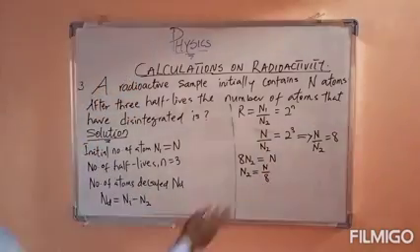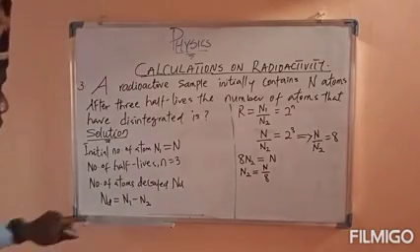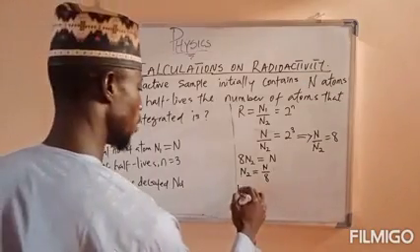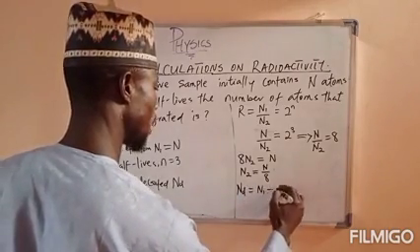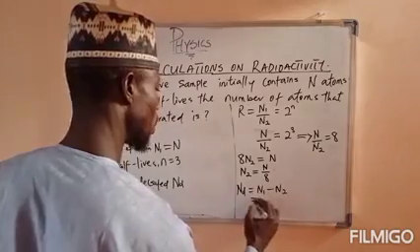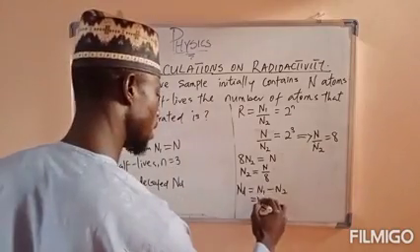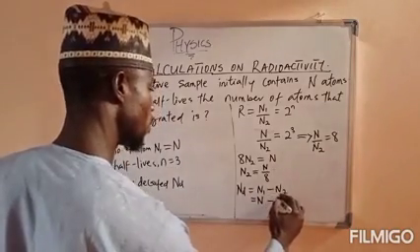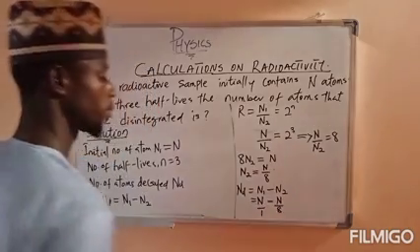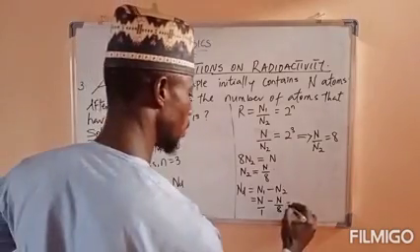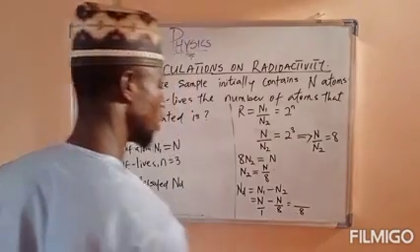So I have my N2, I have my N1. I can now go ahead and find the number of atom decayed, which is N1 minus N2. So what is my N1? That is N minus N2, N all over 8. Make this one over 1. That will be equal to, find the LCM, 8.